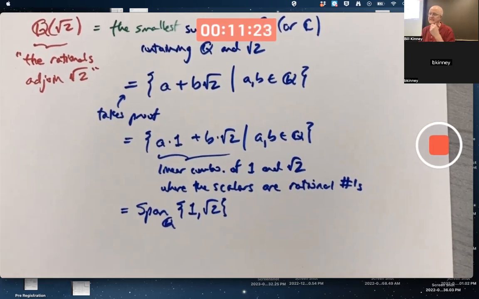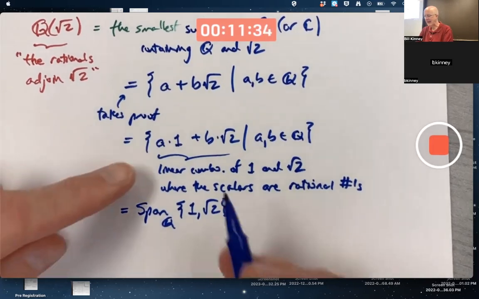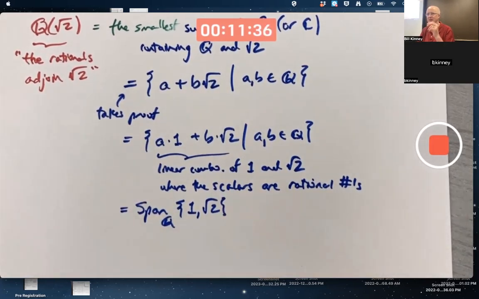Emphasize that the spanning that's going on here is over the rational numbers. The scalars are rational numbers. I'm writing a and b as just pure individual symbols. Of course, being rational numbers, that does mean I could write them as fractions, where the numerator and denominator are integers. I could do that if I want to, but there's no need to, really.